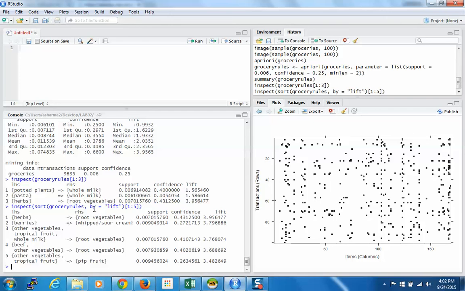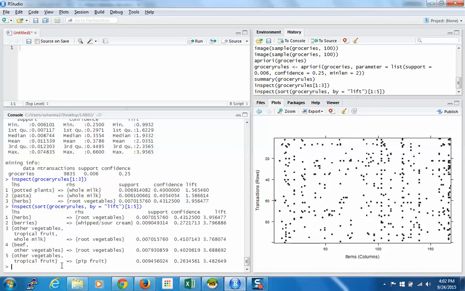So by is equal to lift. So we'll sort the data, which is grocery rules, by lift, and we are only interested in rows 1 to 5. So we are only interested in 1, 2, 3, 4, 5 rules, and the inspect is outside. So that's what this whole syntax means.